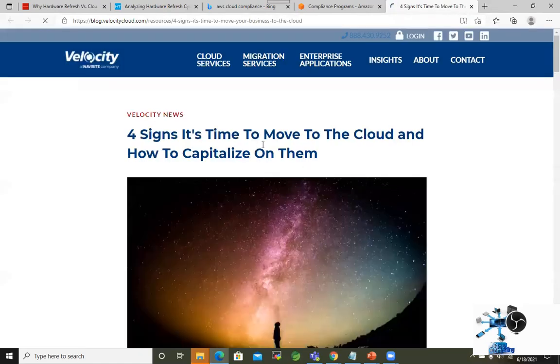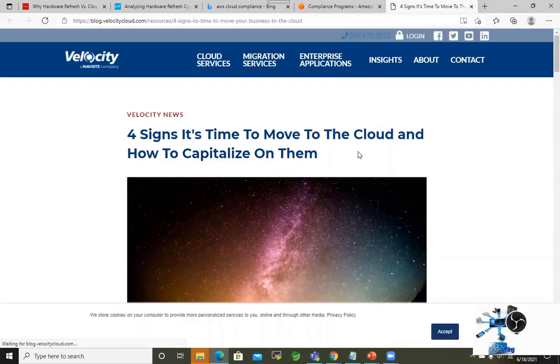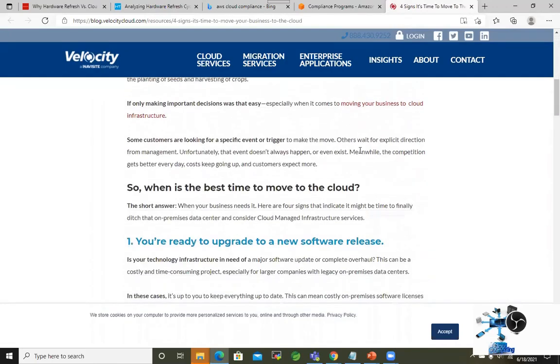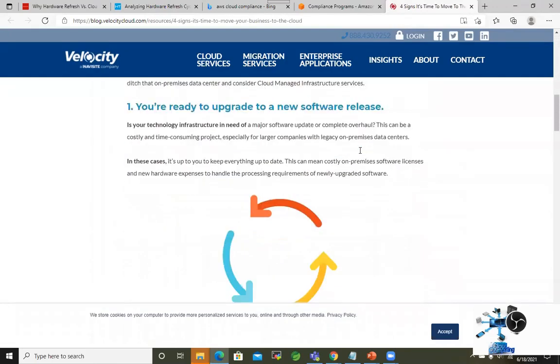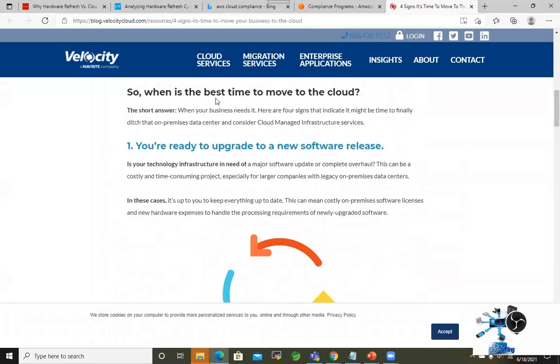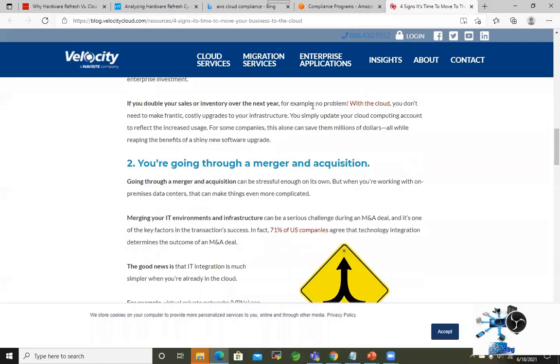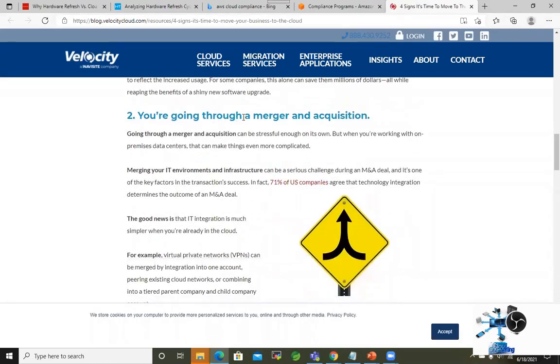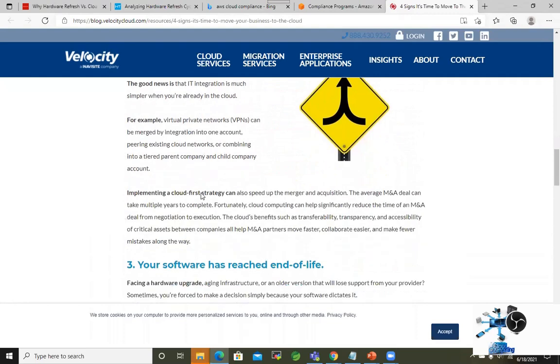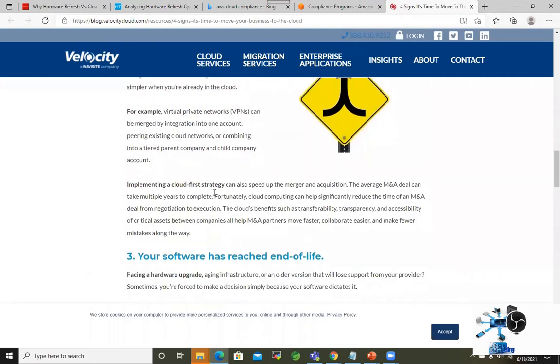So it's time to move to cloud and how to capitalize on it. You can see it is one of the situations for when is the best time to move to cloud. You can see you are going through a merger and acquisition, right? So at this time you can decide to move to cloud, implementing cloud for this strategy.